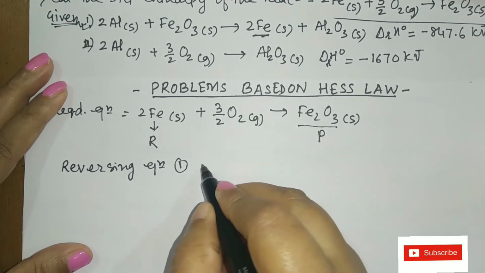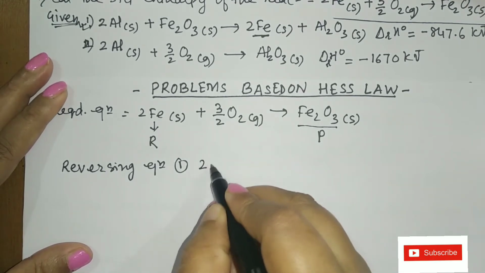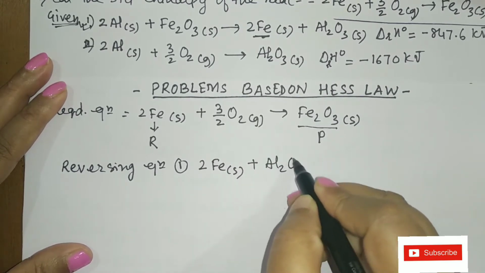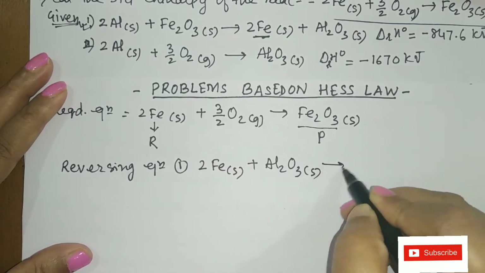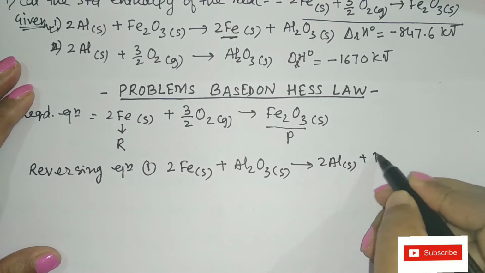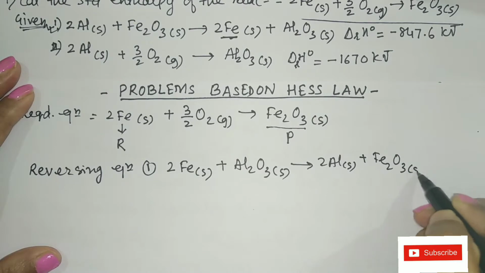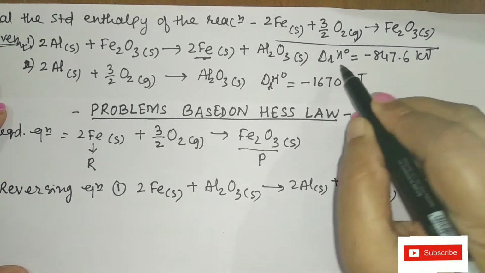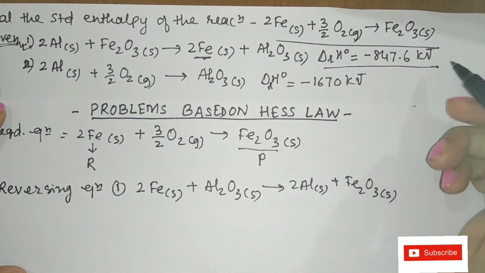So I will reverse the equation as 2Fe plus Al2O3 gives 2Al solid plus Fe2O3 solid. Now students, I have reversed the equation. Now when I reverse the equation, I must take care that the enthalpy also gets reversed.